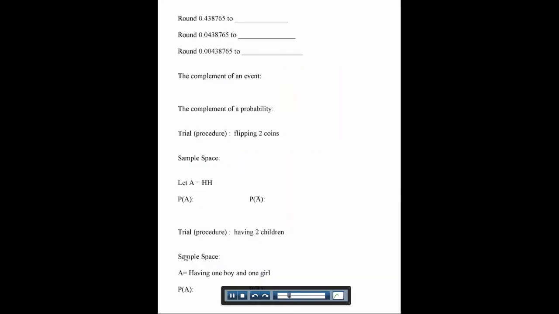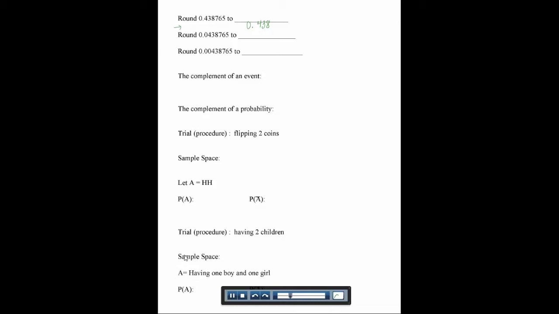Now, to count significant digits, if there are zeros before the number, they do not count as significant. If there are zeros after the number, they do count as significant. So here, if we have this decimal, the first one, and we want to round it to 3 significant digits, we would have 0.438. Okay, the 0 in front is not significant, but the rest of the digits are.